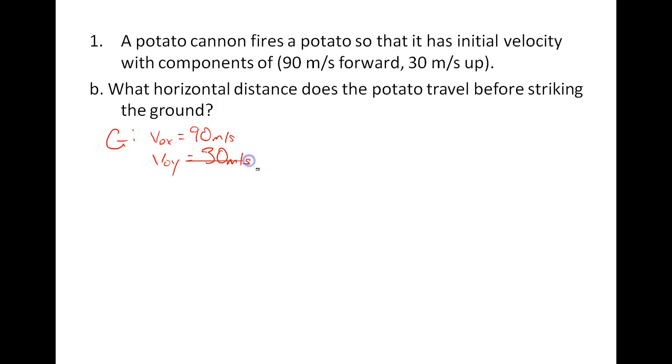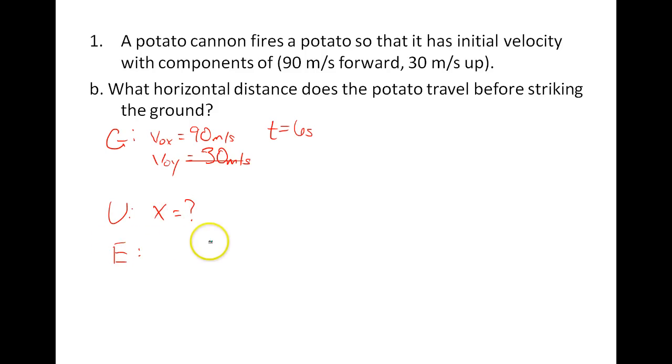Sorry about that line, pen messed up there. And then we get time. We solve for it, and it is 6 seconds. Alright, so our unknown this time is how far it goes horizontally.